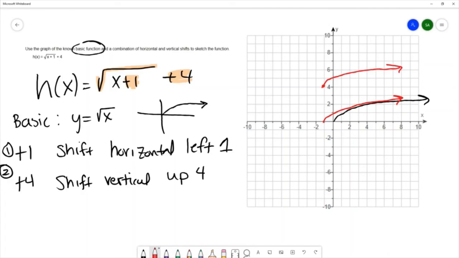So this is the graph. The purple graph is the graph of our basic function shifted to the left 1 unit and up 4 units.